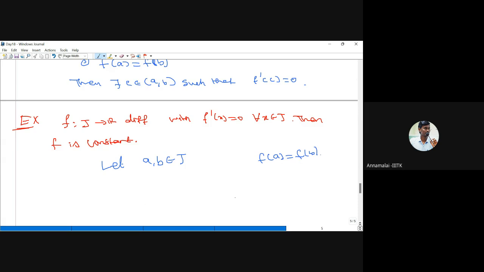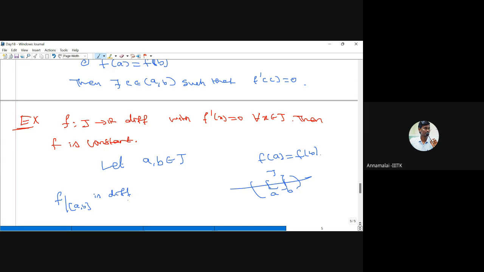Now consider J as some bigger interval. We take two points a, b inside this J. So consider the closed interval a comma b, and restrict the function f to this subinterval. Again, that function is differentiable, because if the function is differentiable on the bigger set, then it is differentiable on the smaller interval.